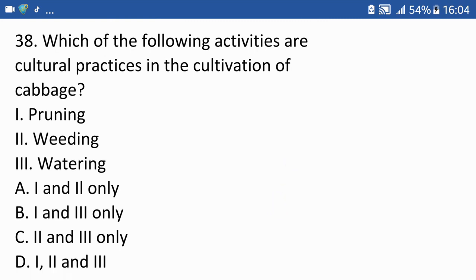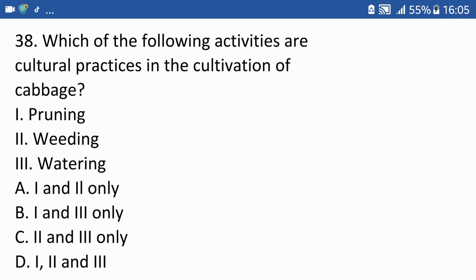38. Which of the following activities are cultural practices in the cultivation of cabbage? I, pruning. II, weeding.